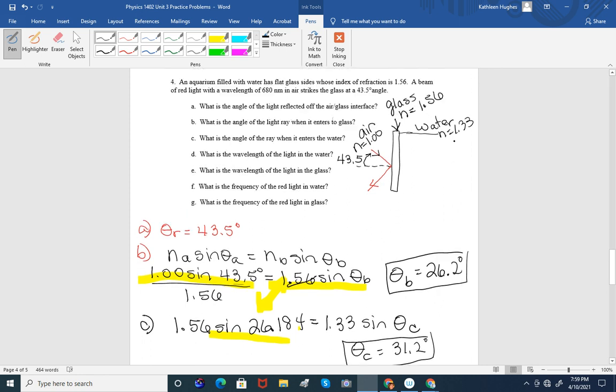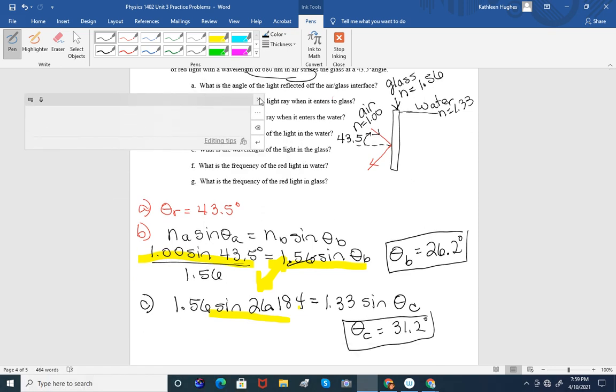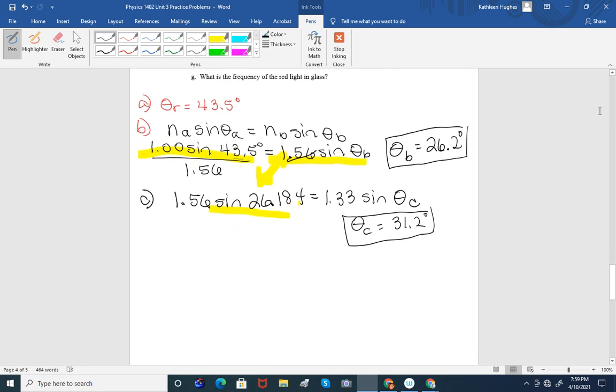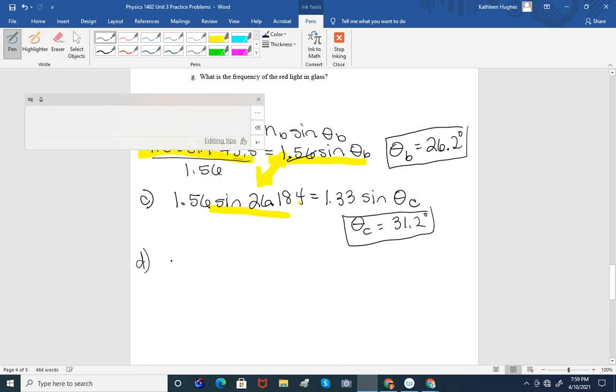Okay, let's carry on. Question D says, what is the wavelength of the light in the water? Well, the wavelength of the light in the air was 680. So if I want the wavelength in the water, then I'm going to say lambda equals lambda 0 over n.